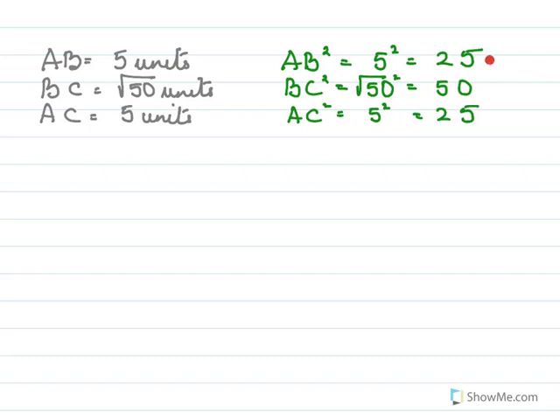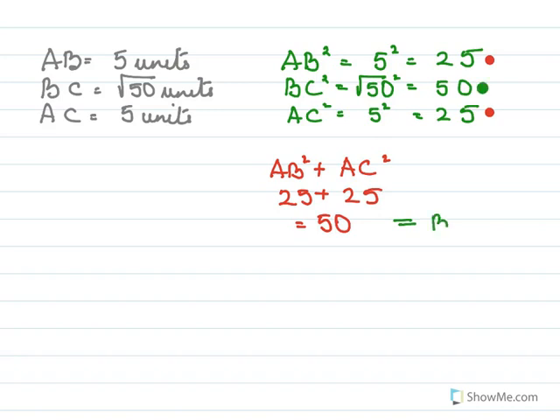That AB square plus AC square is 25 plus 25, that is 50, and this is equal to BC square, because BC square is also 50. So we got AB square plus AC square equal to BC square.